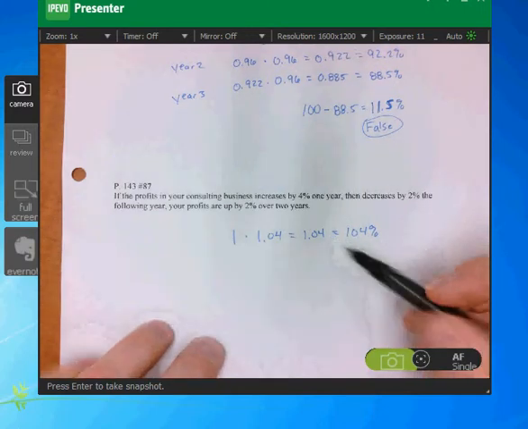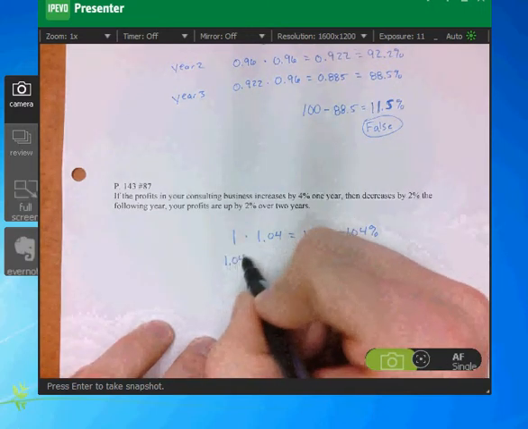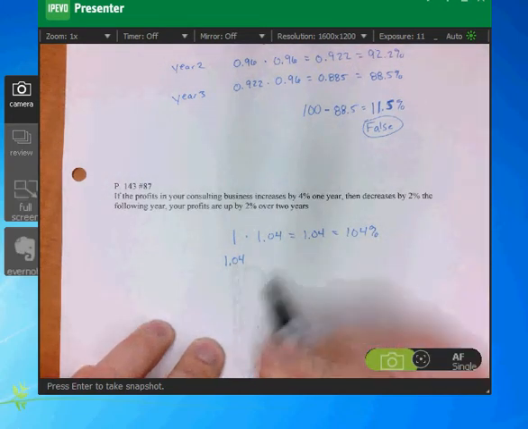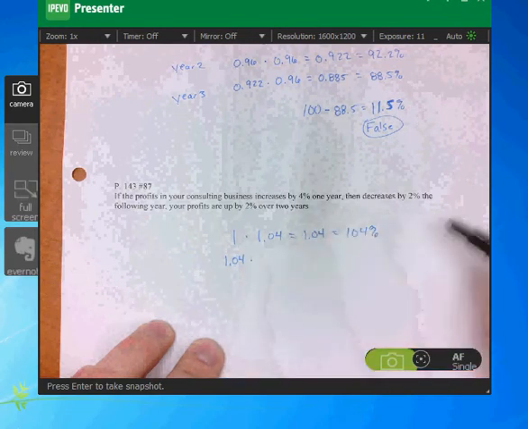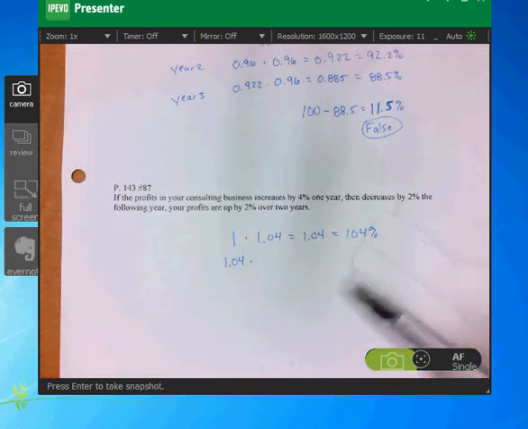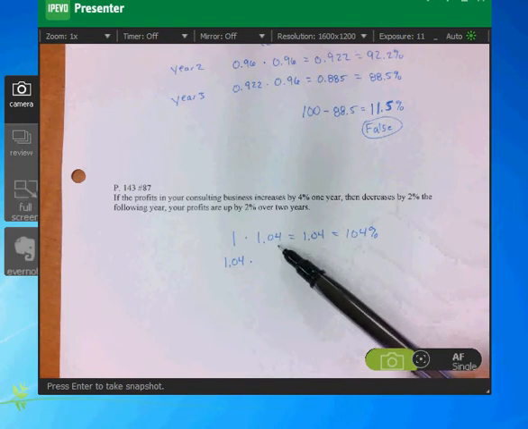All right, now, the second year, we decreased by 2%. So we have to take our new value, 1.04. We increased 4%, so our new value is 1.04. And we are decreasing by 2%. So this is where you have to be careful. We're not talking about subtracting 2% from this figure.